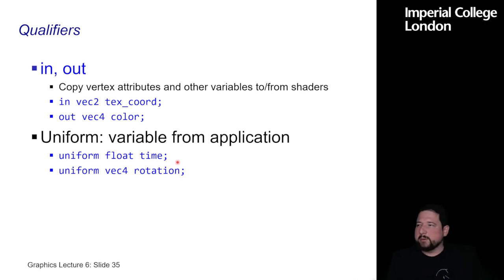A rotation probably every time you have some sort of mouse interaction, or it depends really on what you do with it. All of that has already been done for you in the web interface and for the coursework. So you don't need to write this application stage code. You can access it in that way, and we did some magic to automate the process. If you write in uniform float and some variable, it will pass that and give you a way to set that or connect that to application stage variables in the interface.